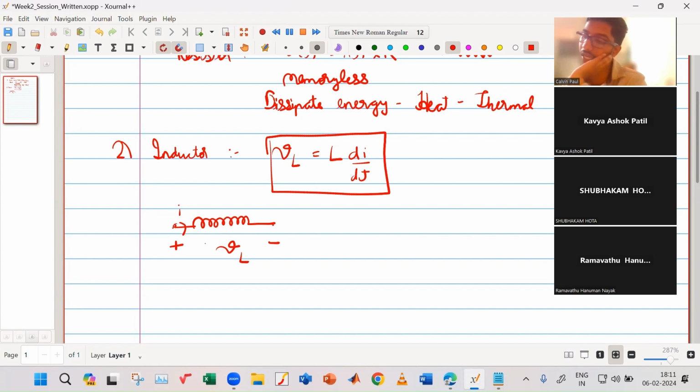So how will we find the current equation? The current equation is I of t is equal to 1 by L integration of VL into dt plus I of 0 plus. Is this clear? Yes, sir, clear.